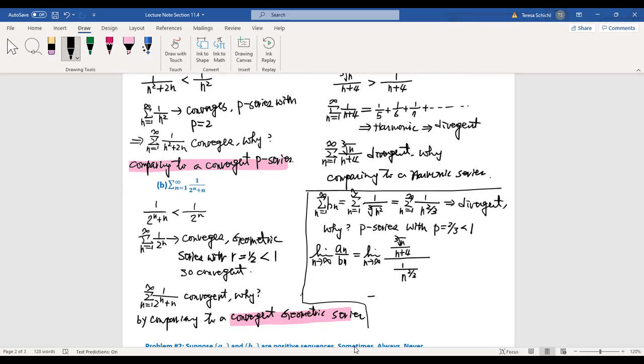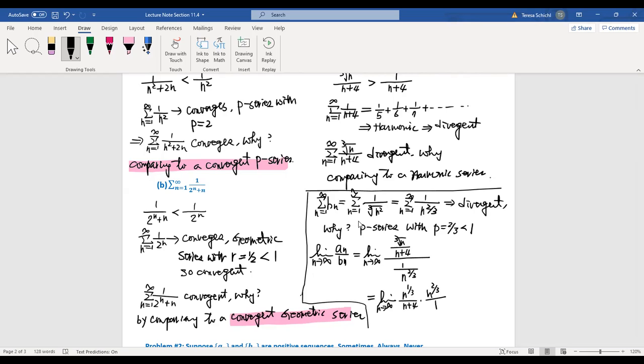Okay, so now you say the limit as n approaches infinity. So this is n to the 1/3, this is n plus 4 times n to the... you flipped it, right? So this is n to the 2/3 and to the 1.